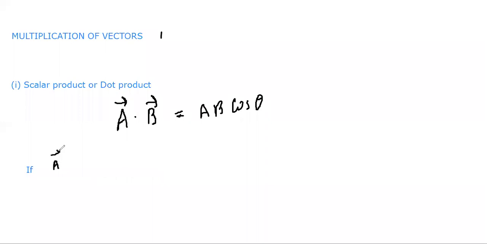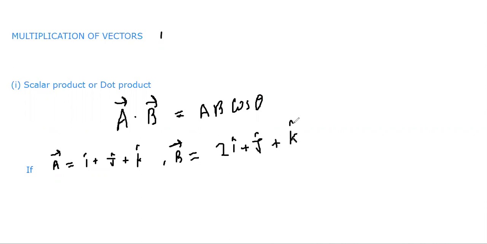If A vector is I cap plus J cap plus K cap, and there is one more vector, B vector, equal to, let us say, 2I plus J plus K cap, and they are inclined at an angle of, let us say, 30 degrees. The question is to find A vector dot B vector.